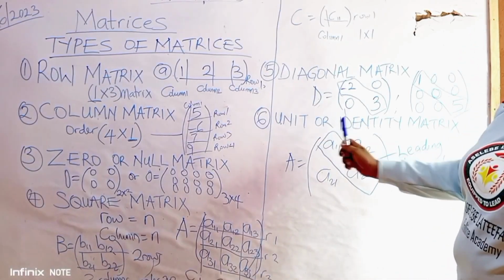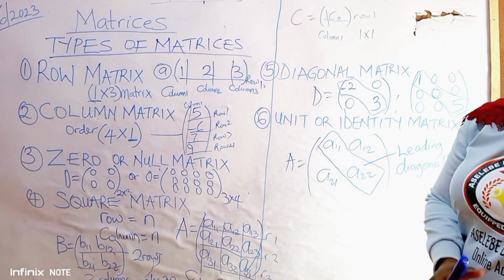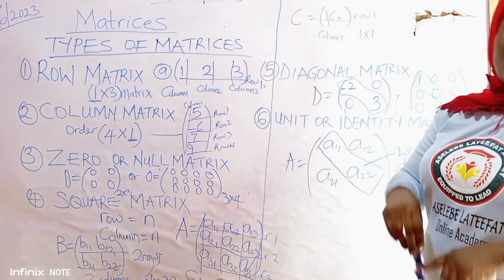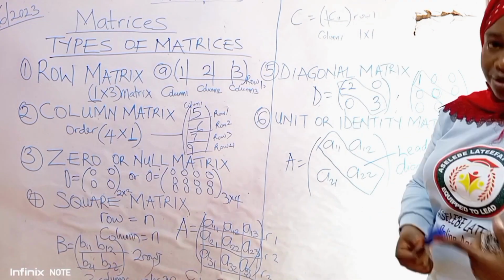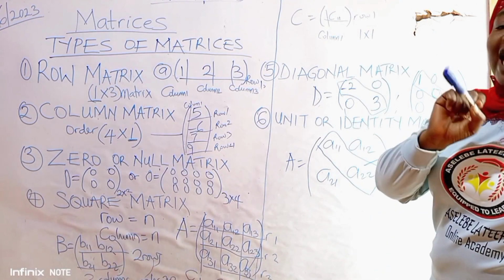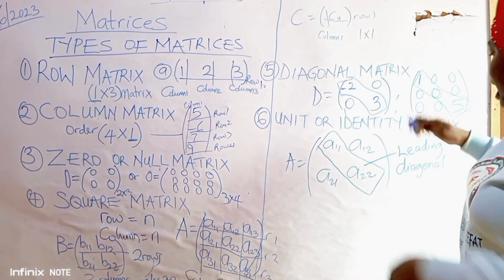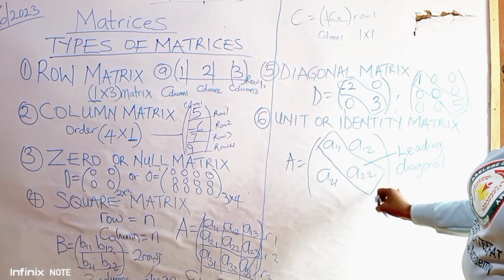Now, a unit or an identity matrix. A square matrix is said to be a unit or an identity matrix if all its elements are zeros, except those that are in the leading diagonal, which are 1. Now, I've explained the leading diagonal for you.